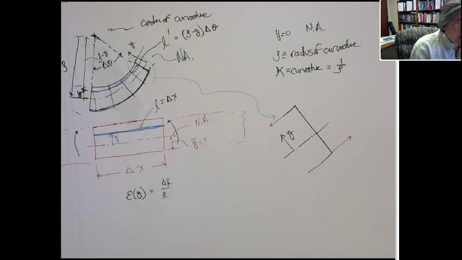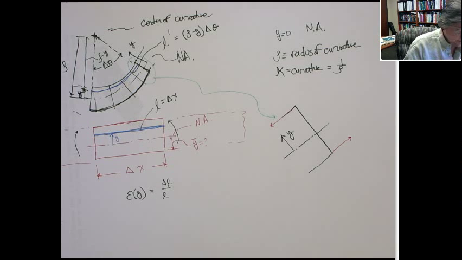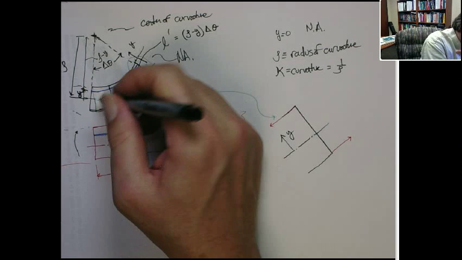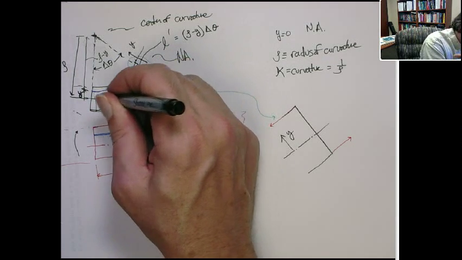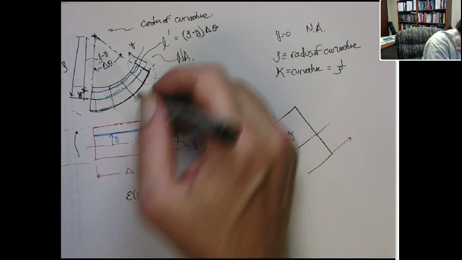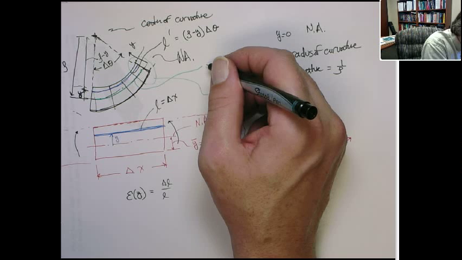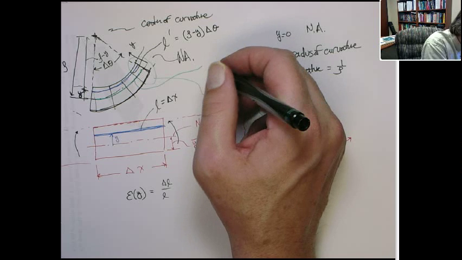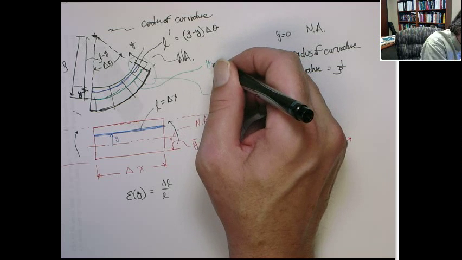It's not so great. But actually, the dx and the d theta can be related. If you look at this fiber here, the neutral axis fiber, this distance here has an arc length where y equals 0.